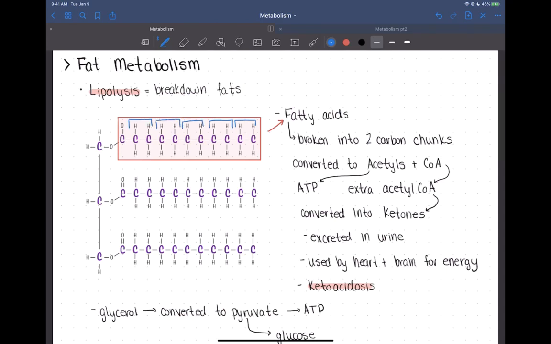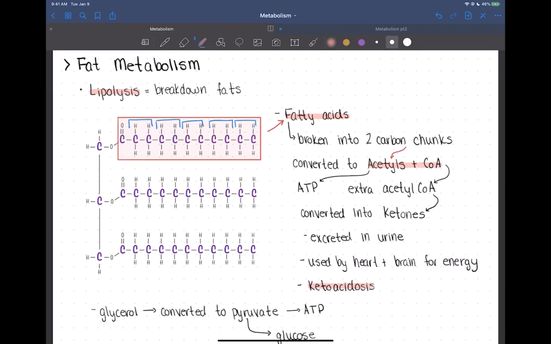So break it up into these 2 carbon chunks, which, if you remember from our cellular respiration, our 2 carbon molecule is an acetyl. Okay, so those 2 carbon chunks can be converted to acetyls. Those acetyls can be attached to a CoA, giving you acetyl CoAs. Okay, and so let's just highlight these parts, right?